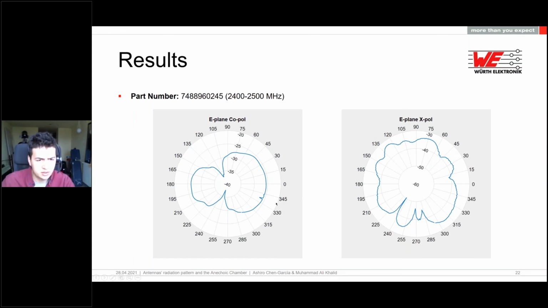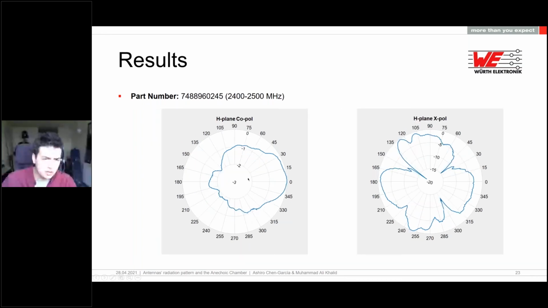Again, here the interest for us is the copolarization, and we can check how the antenna is radiating in all directions. Here, for better reading, we've normalized the diagrams. That's just dividing by the maximum values in each plot, and then we can see the radiation pattern more easily.